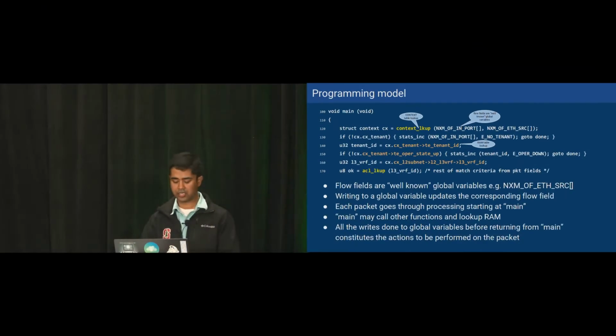So now the question is, is it even possible to do it using OpenFlow and using Open vSwitch, and how do we actually do it? Once the packet enters the main function, and all this code where we do all the lookups, lookup RAM and lookup other tables, all the writes which happen to global variables actually constitute the actions which are to be performed on the packet.